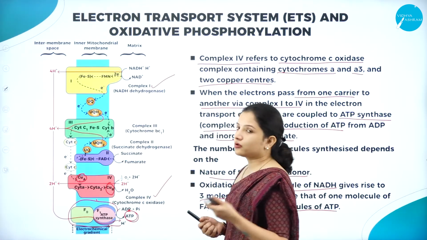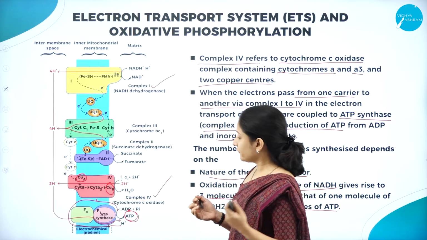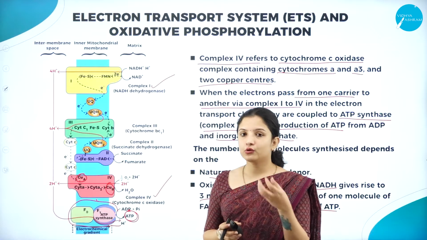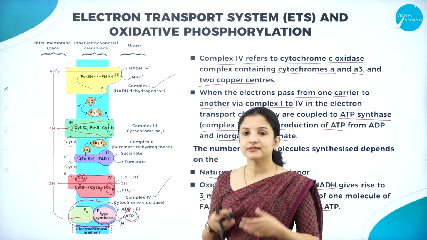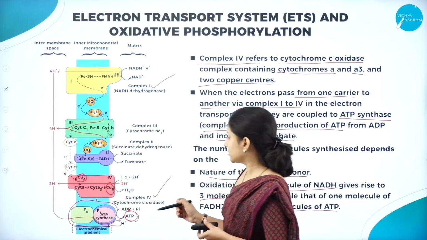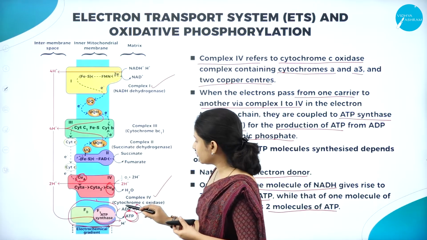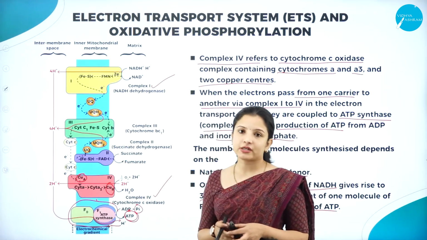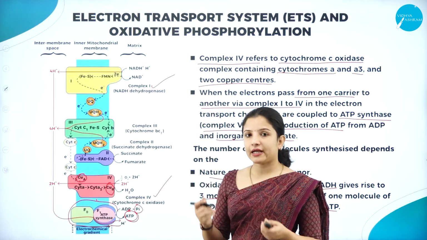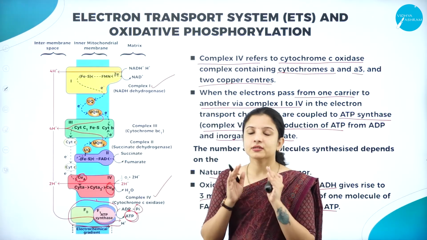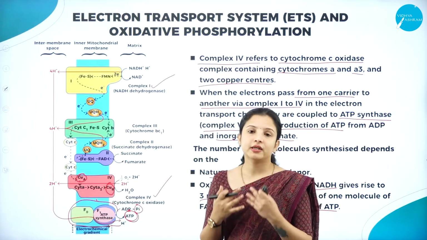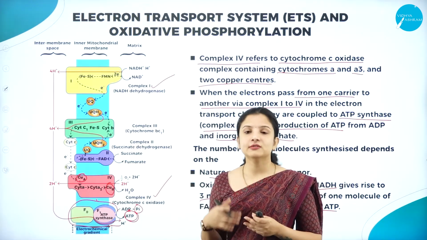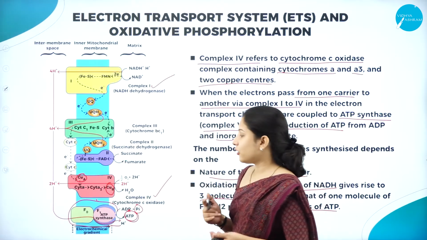So now we know about the electron transport system, and we also know about complex 5, wherein the electrons will go and pool into the ATP synthase, and that ATP synthase will help in the addition of a phosphate group to the adenosine diphosphate, therefore forming adenosine triphosphate, which is nothing but ATP, the energy that is utilized by all living organisms for various biochemical pathways and for our daily activities.